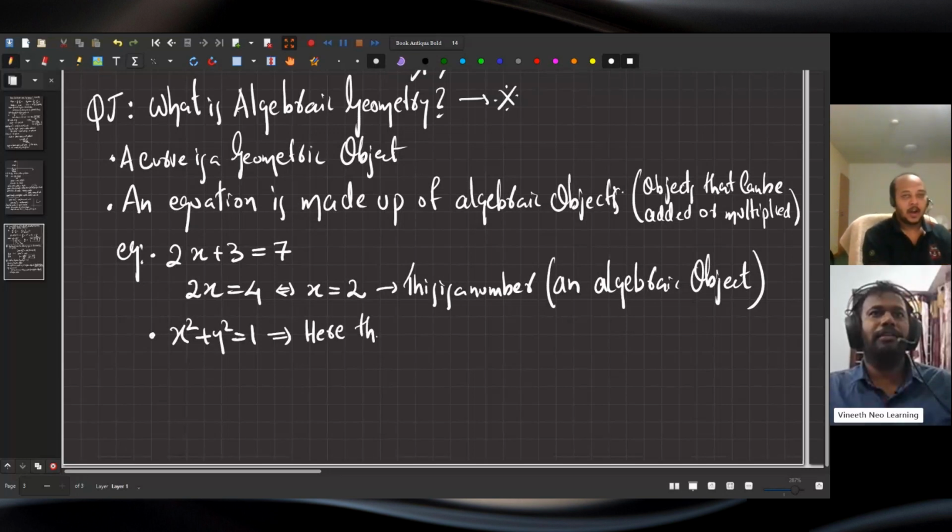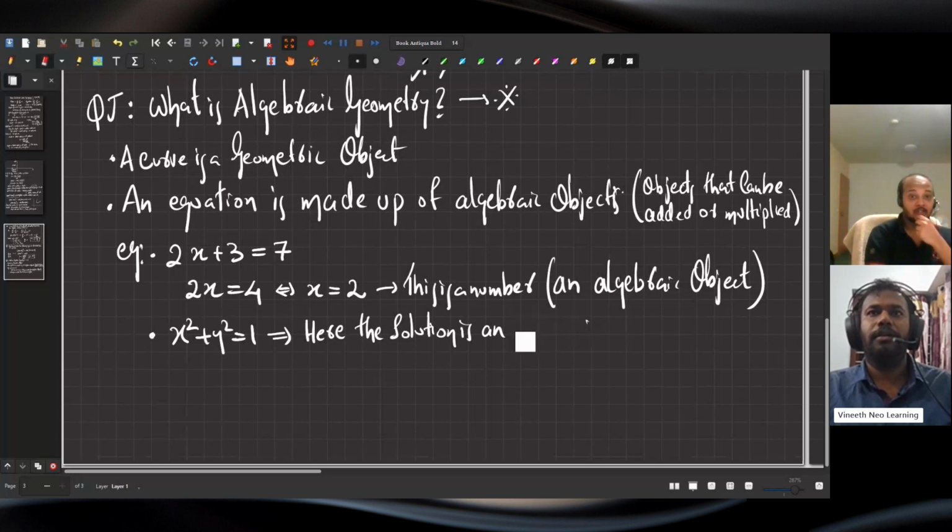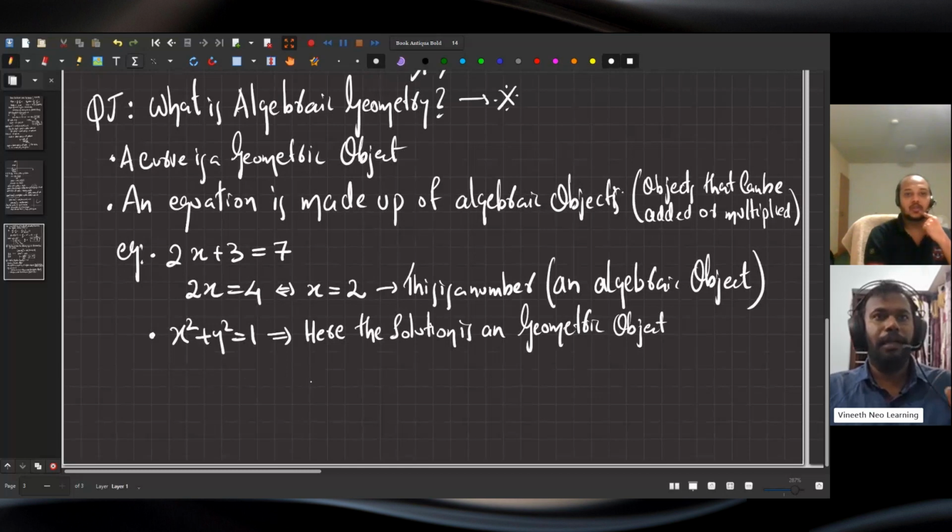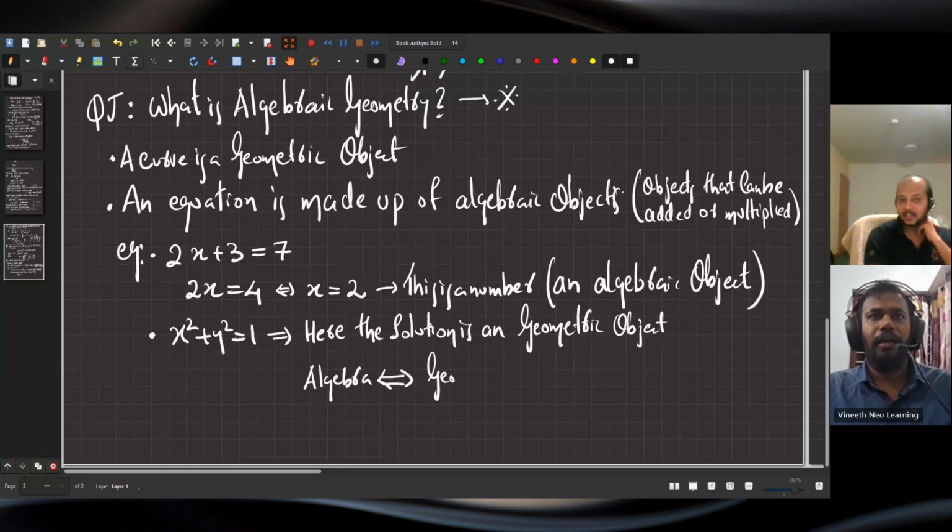Here the solution is not an algebraic object, but a geometric object. Meaning algebraic geometry is actually algebra resulting in geometry.